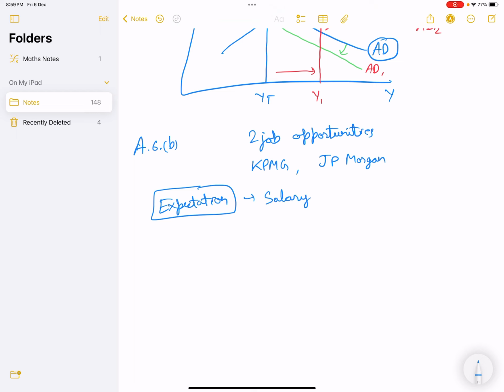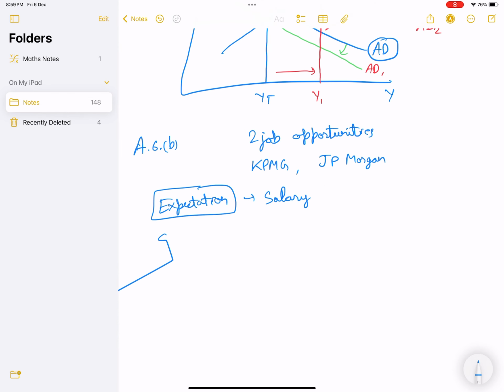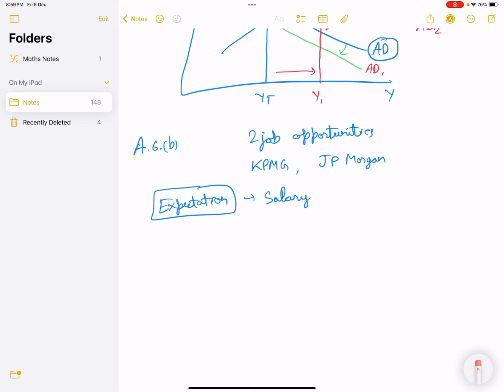You will prefer the job which is giving you a higher salary irrespective of what the location or the work culture is, right? The segmented hypothesis states that you would have a preference. Suppose most of us would prefer JP Morgan over KPMG.